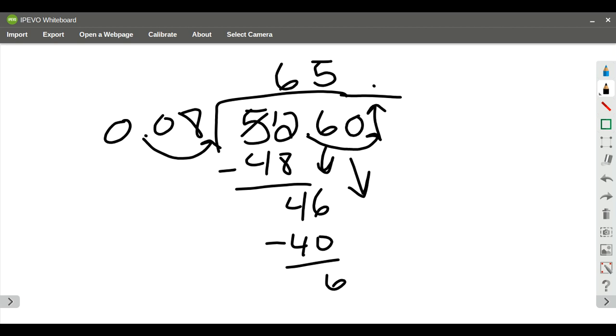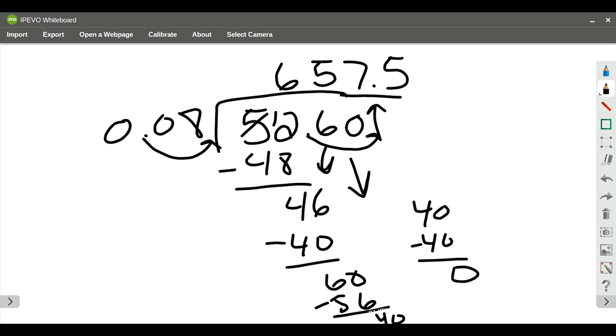I bring down the 0. 8 is going to go into 60 7 times. And that's going to be 56. I'm going to subtract. I have 4 left over. Add a 0. Bring this up here so you guys can see it. 8 goes into 40 5 times. 8 times 5 is 40. We're going to subtract, 0. So my answer here is going to be 657 and 5 tenths.